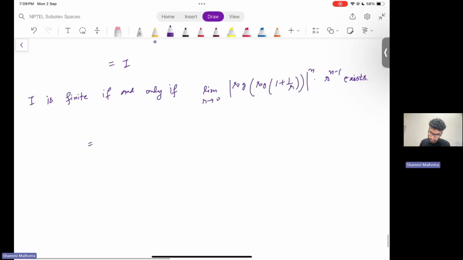So I can take this whole thing, assuming it to be the limit as r tends to 0 of log of log of. So this limit exists if and only if this particular limit exists, if we consider log of 1 plus 1 upon r. Well, we don't need really any power here. And this is actually r to the power n minus 1, whole divided by n.